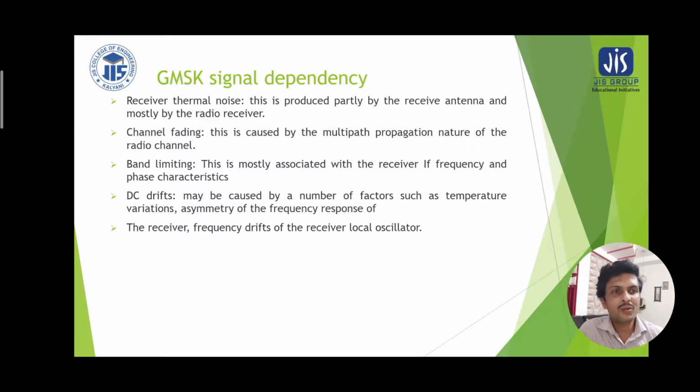The average value of the signal may have a drift, and that will cause the signal to be more prone to noise. It may be caused by a number of factors, such as temperature variations, asymmetry of the frequency responses of the receiver, and frequency drifts of the receiver local oscillator.